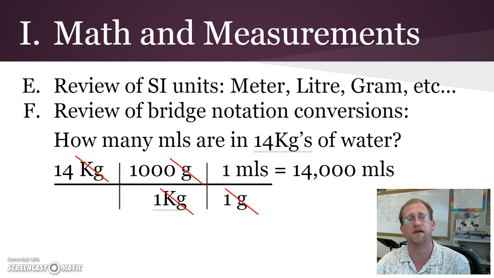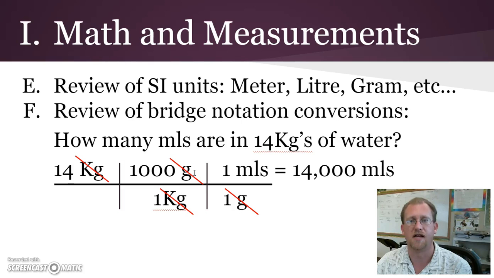We also need to remind ourselves of bridge notation. Oh, grumble, I know. You hated it, but it's still with you. So bridge notation helps us convert units. And so in this example here, if I wanted to know how many milliliters are in 14 kilograms of water, I would start with my 14 kilograms of water, and then I would say, hey, look, in every 1 kilogram, there are 1,000 grams.